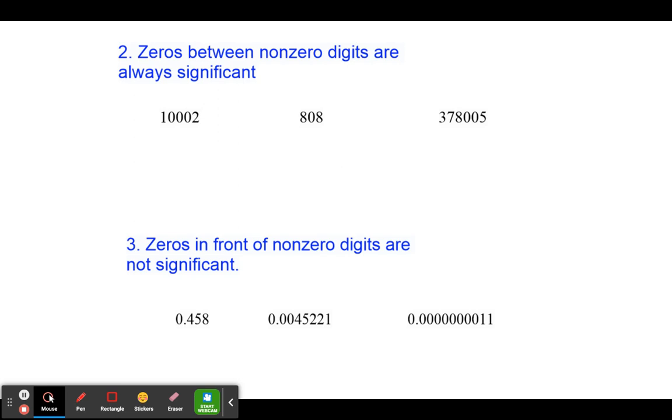Rule number 2: zeros between non-zero digits are always significant. If you have 10,002, how many significant figures are there? 5. 808? 3. 378,005? 6.